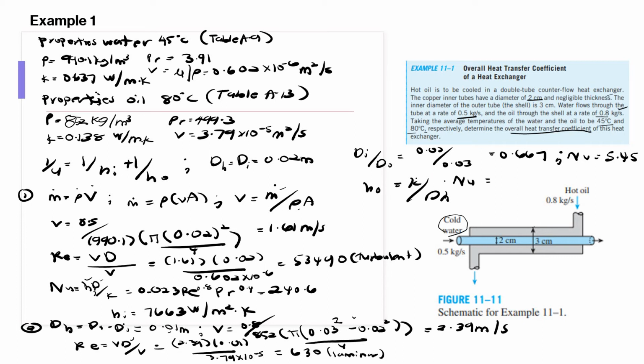So input the value of k, which is 0.138, times 5.45 over hydraulic diameter is 0.01. So the value you will get is 75.2 watt per meter squared dot K.